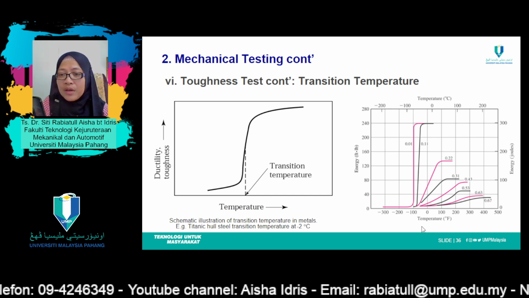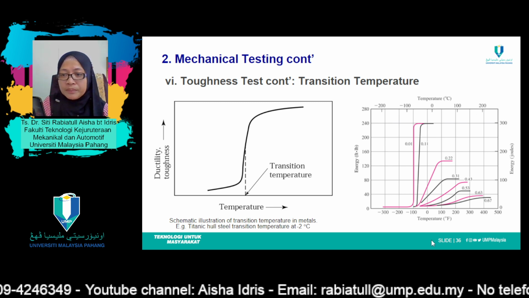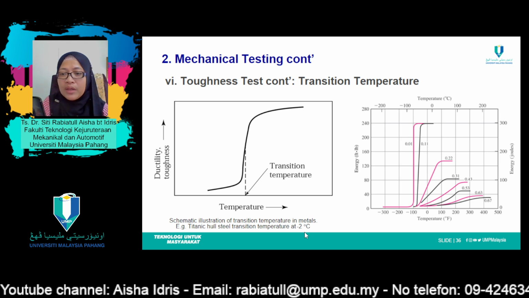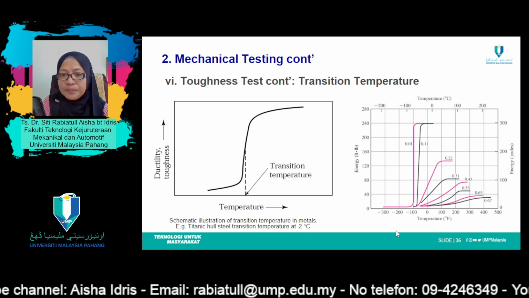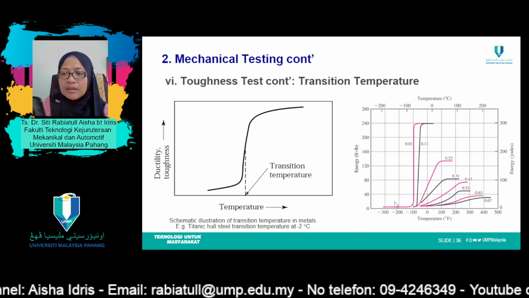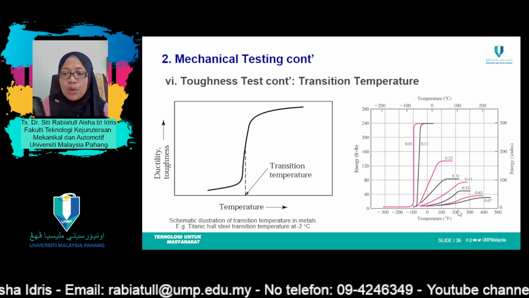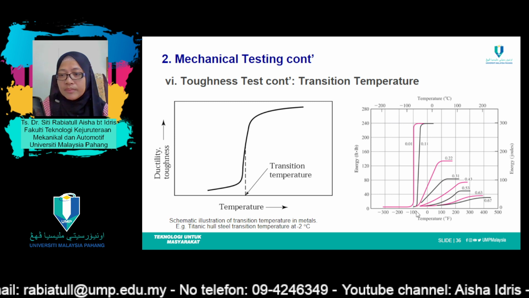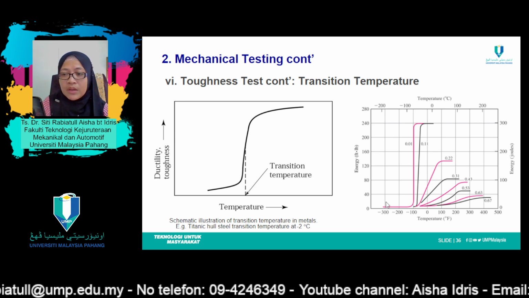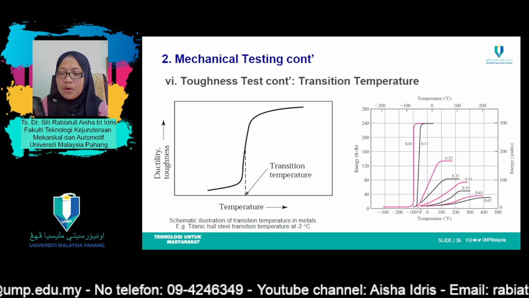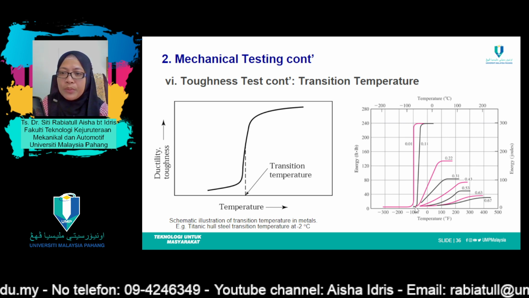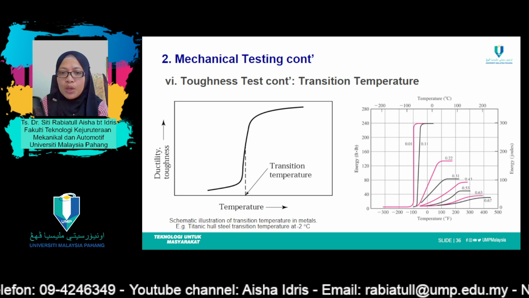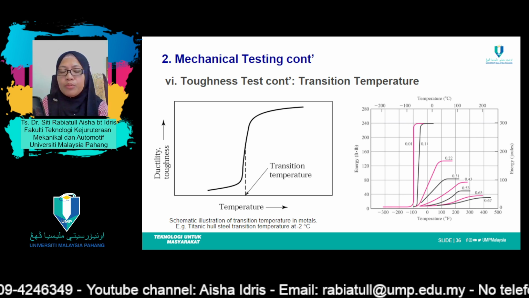So if you refer to this graph over here, the sudden drop at negative 2 degrees C will affect the ductility and toughness of the material, whereby it will drop a little bit. All right, it will become brittle.